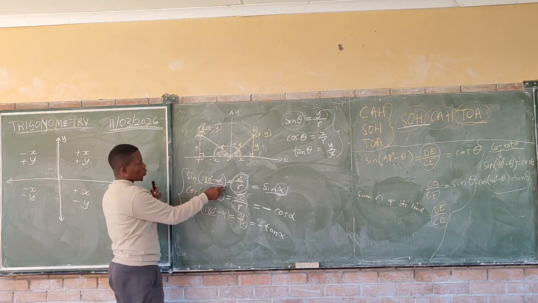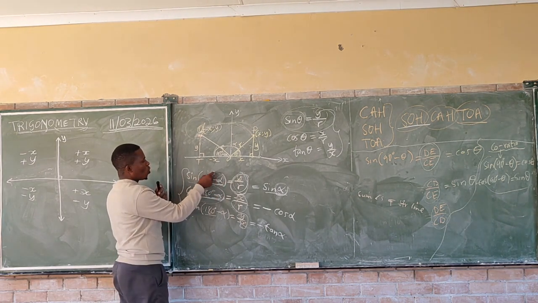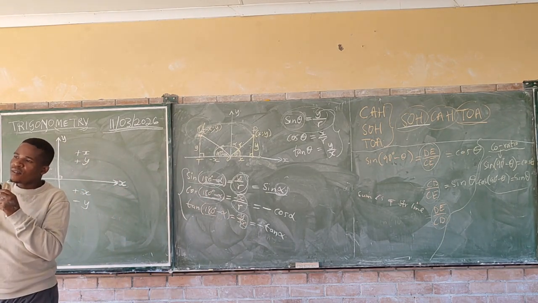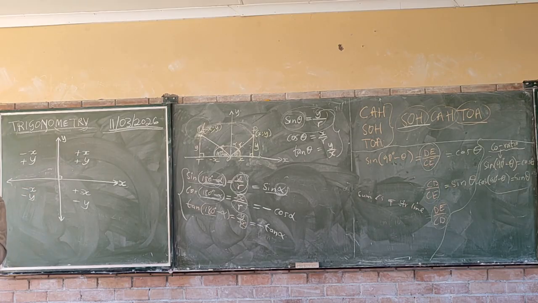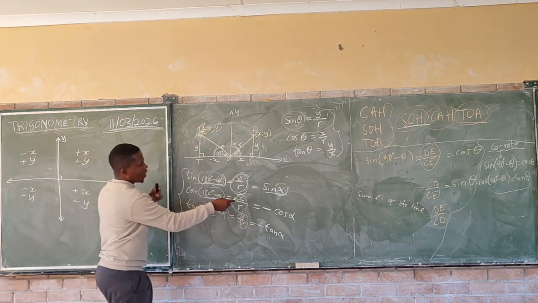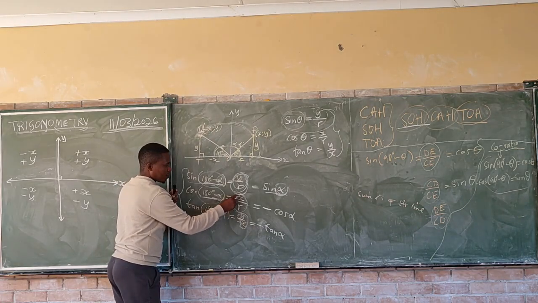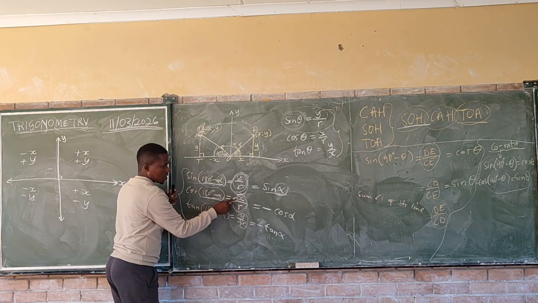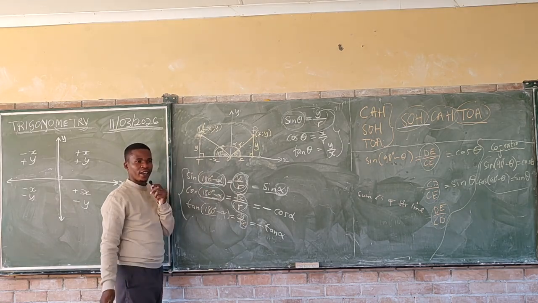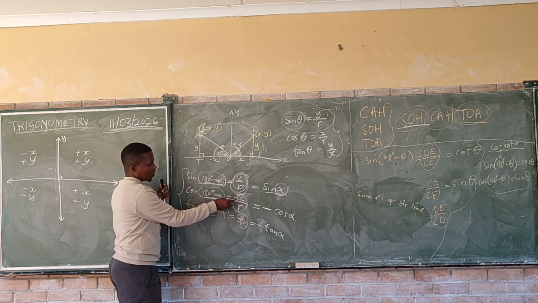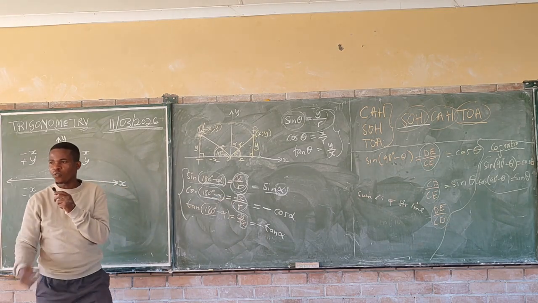Going on, I'm not going to use this one, because I know whatever I'm going to subtract, it will be something equivalent in the first quadrant. This part here, only this part, without this negative, is equivalent to something in the first quadrant. But because I'm in the second quadrant, this is giving me the negative of that ratio.